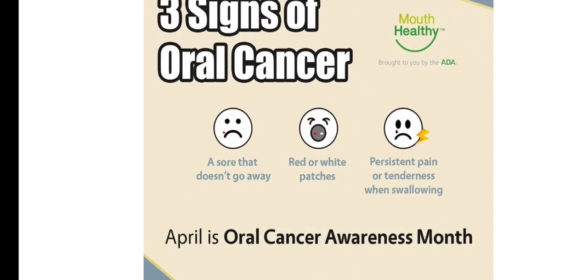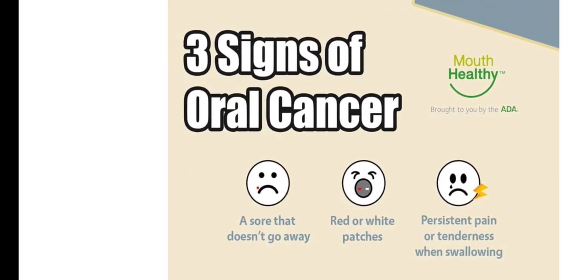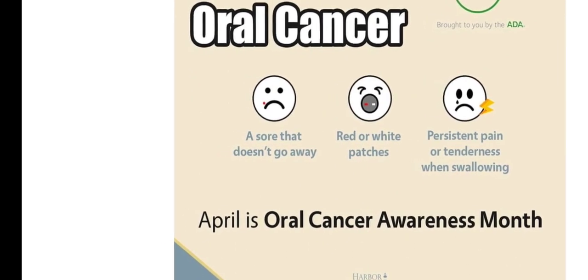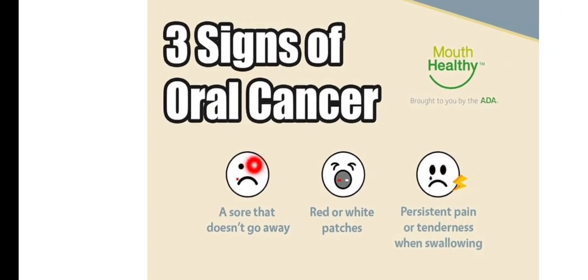Now the 3 signs of oral cancer which must not be ignored: a sore that doesn't go away, and red or white patches. A sore that doesn't go away means that if a person develops a mouth ulcer and it is not recovering even after many months, it's a sign of oral cancer, because it's not healing, right?